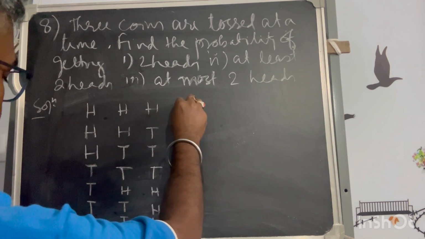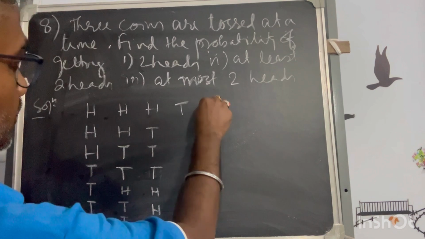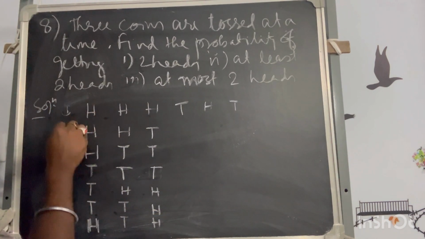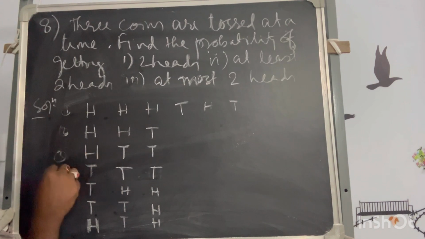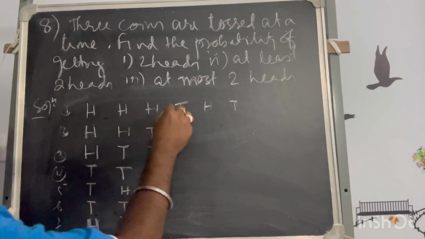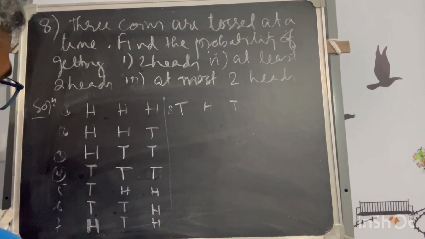Now the next can be the extremes tail and head. So this is 1, 2, 3, 4, 5, 6, 7, 8. Any other possible?